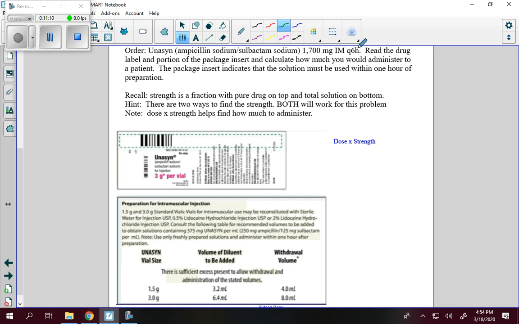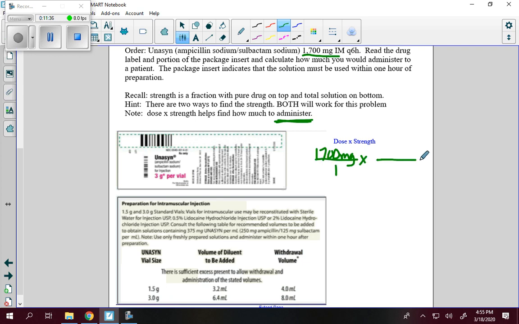We're going to recall that the strength is a fraction, with pure drug on top and total solution on the bottom. There are 2 ways to find the strength, and both will work for this problem. We're going to do dose times strength to find out how much to administer. Every time you see how much would you administer, you're thinking dose times strength. The dose is 1,700 milligrams.